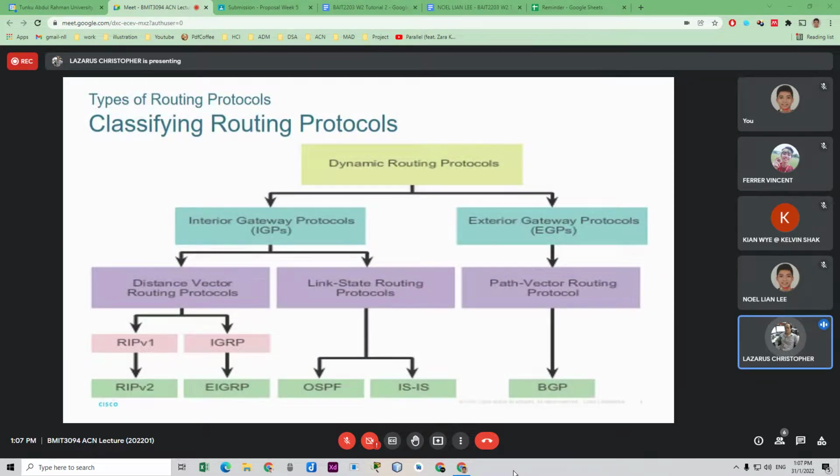Okay, so let's take a step back and look at an overview of routing protocols. Routing, as we know, is a forwarding decision made by the router based on the routing table. The thing is, a router only knows about directly connected networks. But in order to perform its routing, it needs to have a matching entry in its routing table. So if it only knows the directly connected networks, its information is incomplete.